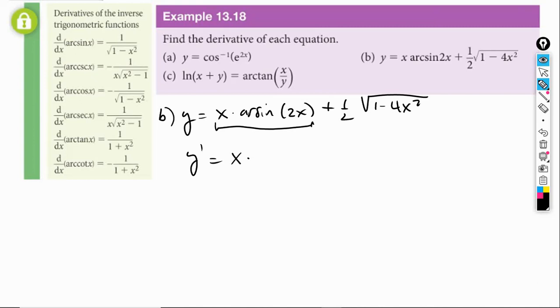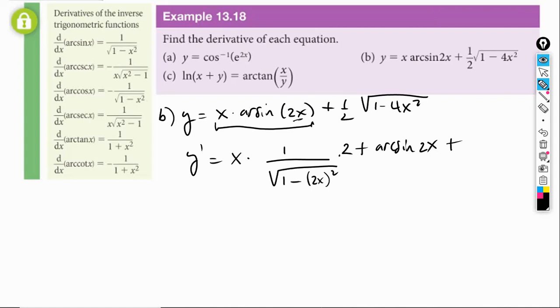So this would be then derivative of arc sine, which is 1 over square root of 1 minus x squared normally, but in this case 2x squared times 2, because I have to do the chain rule, so this times 2, plus the second factor, arc sine of 2x times the derivative of the first term, but the derivative of the first term is 1.